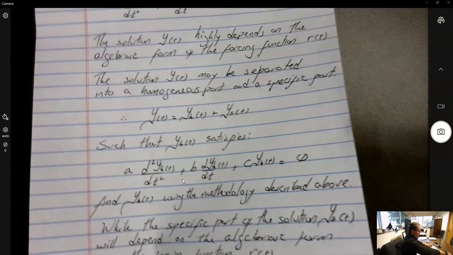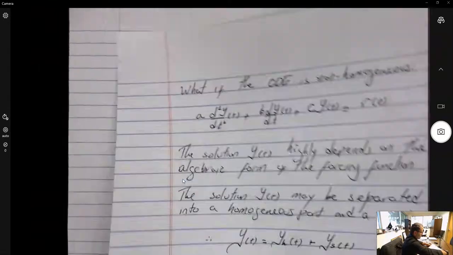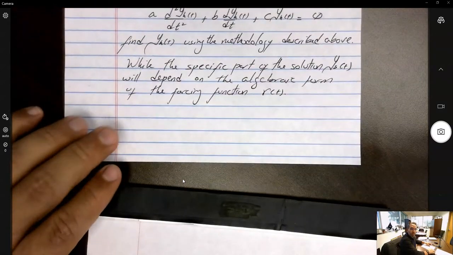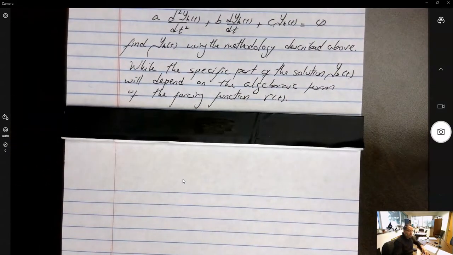So that is, let's just try to summarize this in a table, but obviously there's literally infinite possibilities for what that function r of t could be. It can be any form, but I'm going to list the most common ones here.